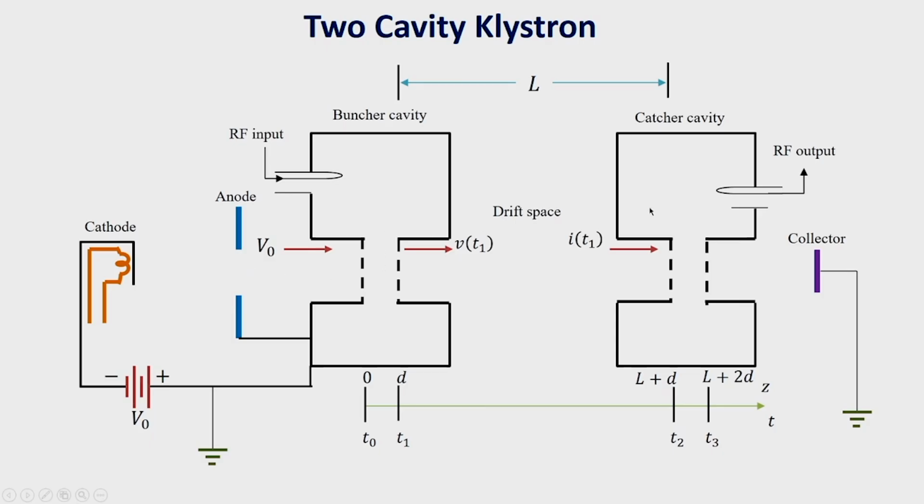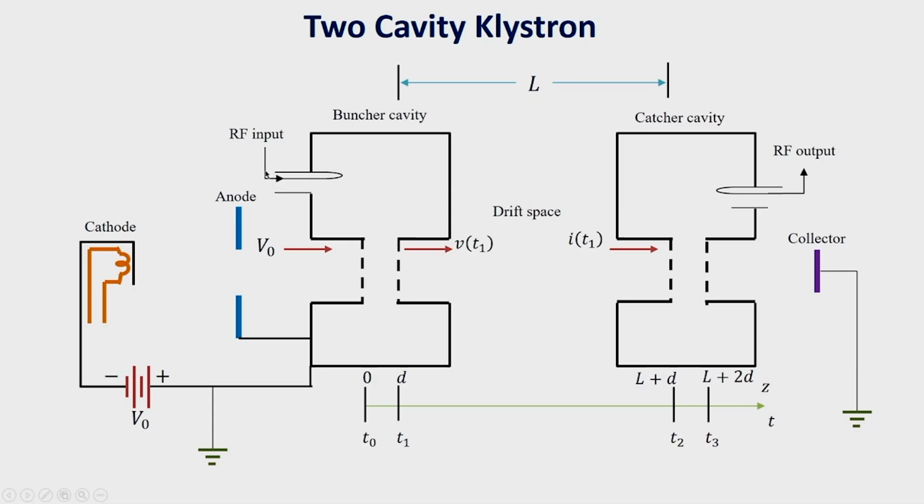We have two specially designed cavities, and here the cavity walls are made narrow, and the electrons can pass through it.